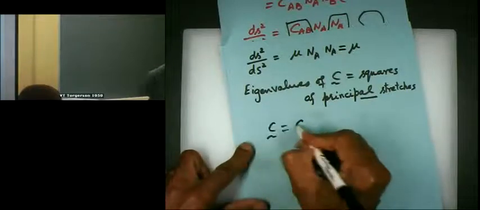Dr. Batra, I have a question down in Wake Forest. Are you guaranteed to always have 3 of those, mathematically speaking? Yes. C is symmetric. The theorem in linear algebra says you will have 3 real eigenvalues. It does not say you will have 3 real distinct.